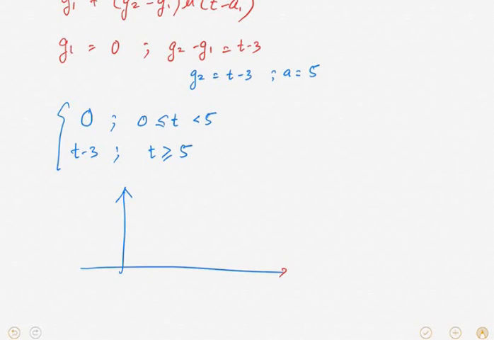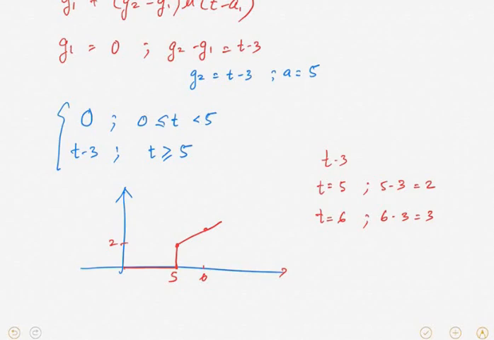From 0 to 5, let's say this is 5, you obtain 0. And after 5 it is t minus 3. Let's say t equals 5, so t minus 3 is 5 minus 3 equals 2. So at t equal to 5, you have the 2 here. And then t equals 6, so 6 minus 3 equals 3. This is 3.